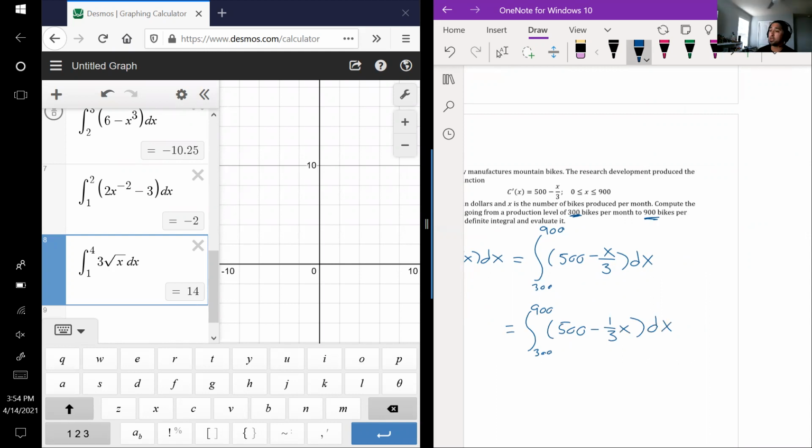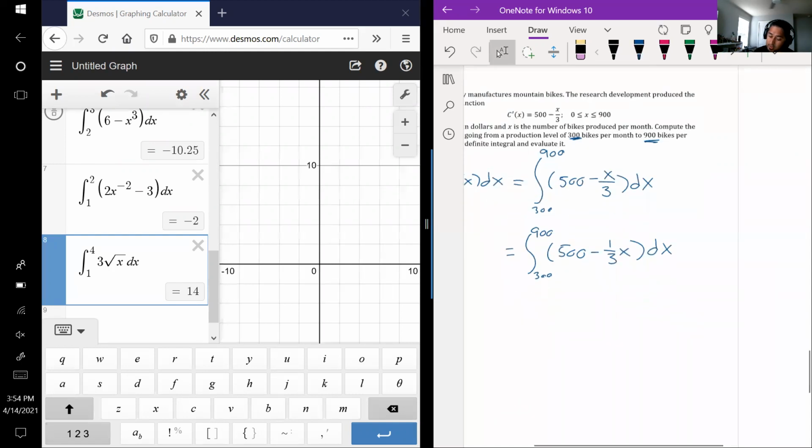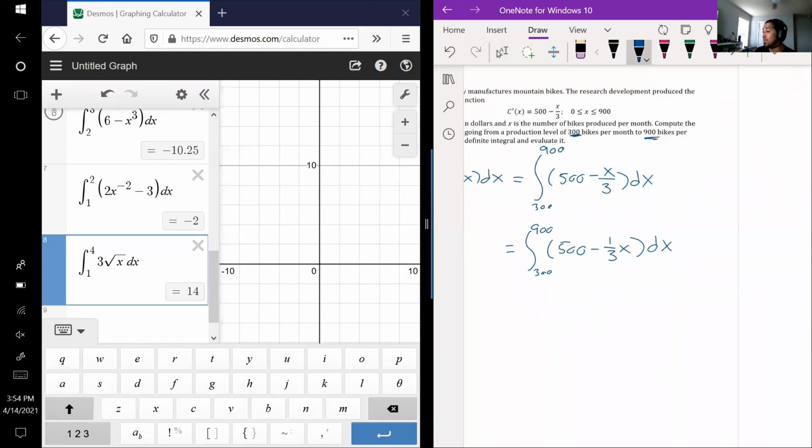So x over 3 and 1/3 x are the same thing, which means now go ahead and find the antiderivative. 500 is a constant, so this will just become 500x minus 1/3 times, and this x will get power rule, making it become x squared over 2.